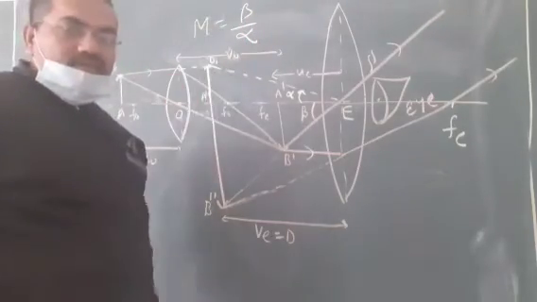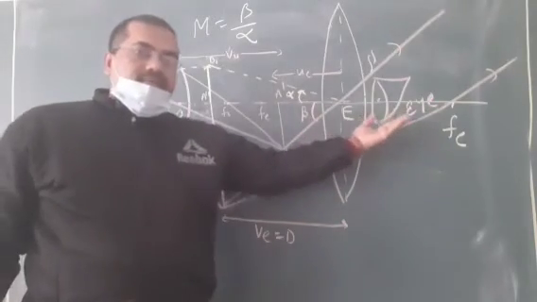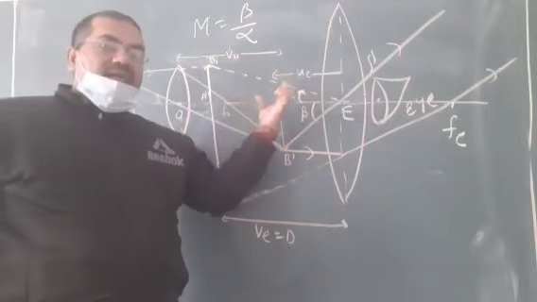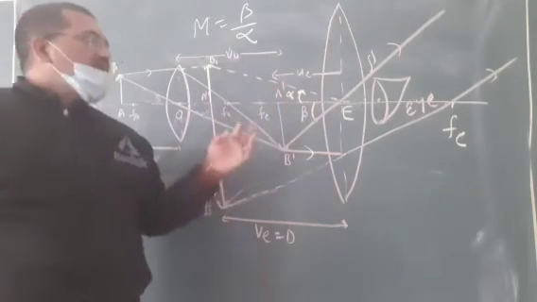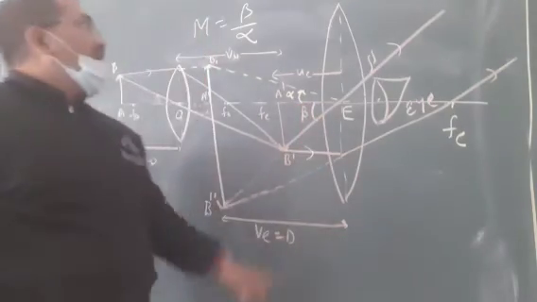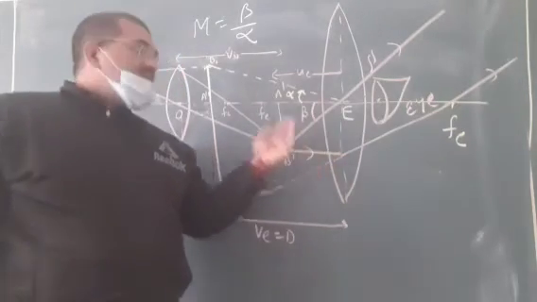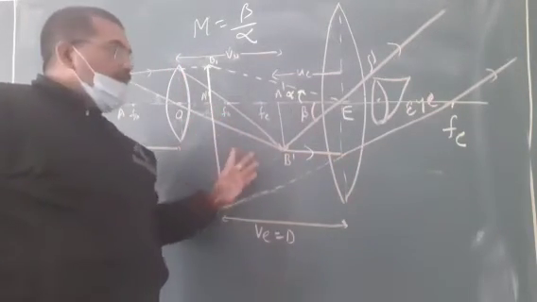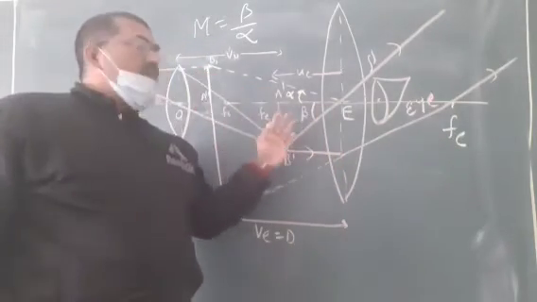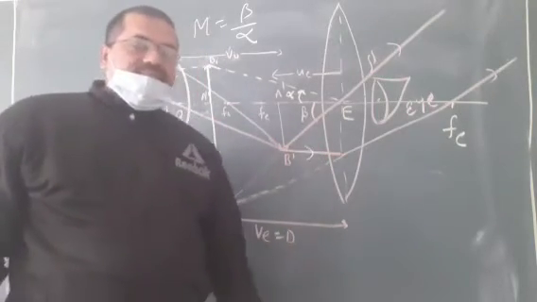Beta is the angle subtended by the image on the eye, with the optical instrument used; this is called the aided eye condition. Alpha is the angle subtended by the object on the eye at the same location of the image without the optical instrument. This condition is called the unaided eye.